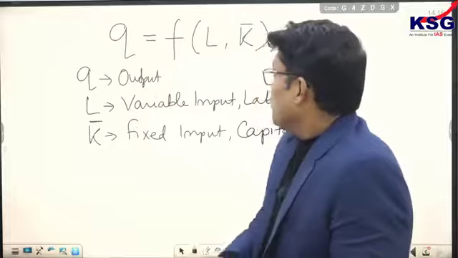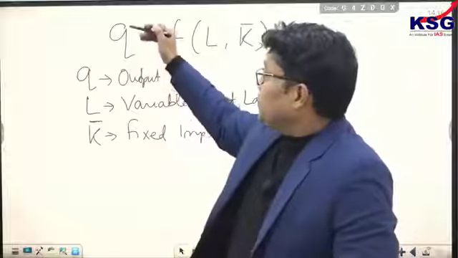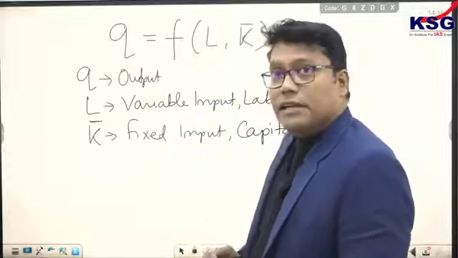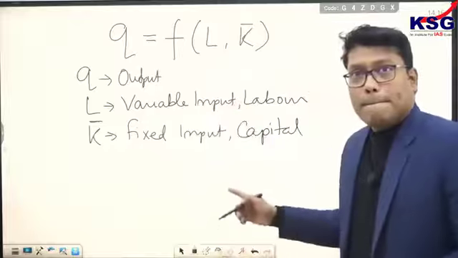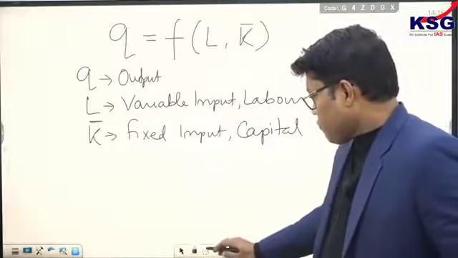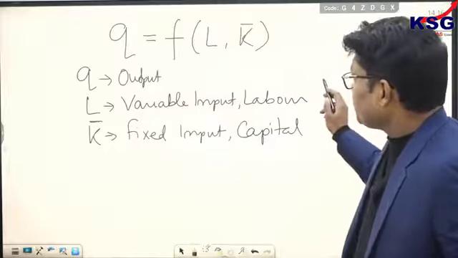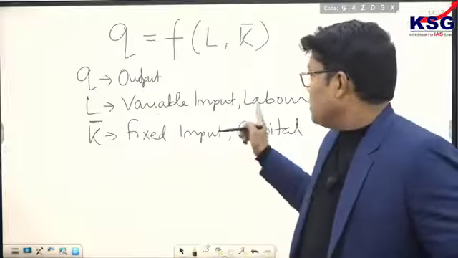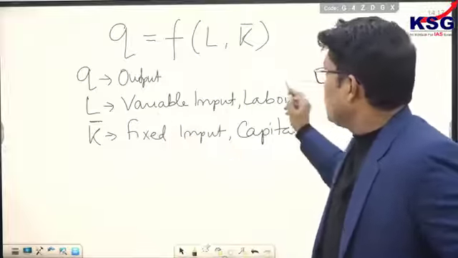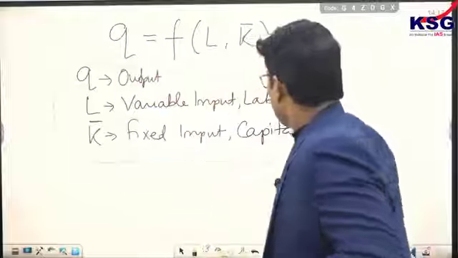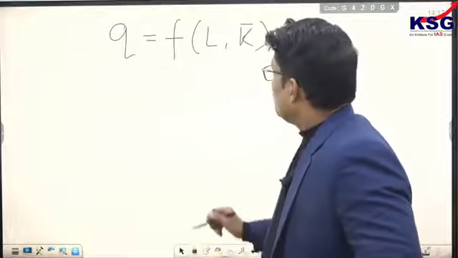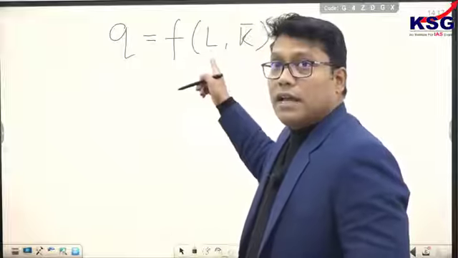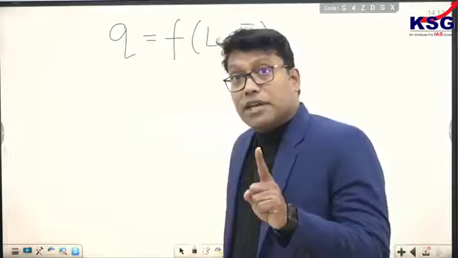Clear? So if you want to produce any output, you are using labor and capital. Fine? Now you have written this part? Okay, fine. L is the variable input and K bar is the fixed input. Now think. If we are producing Q, we are using labor and capital. Labor is the variable input.